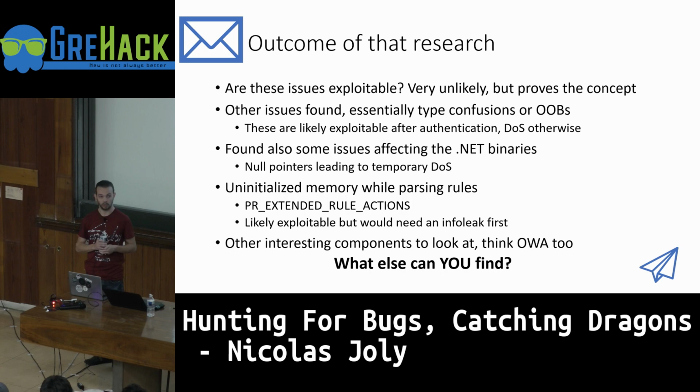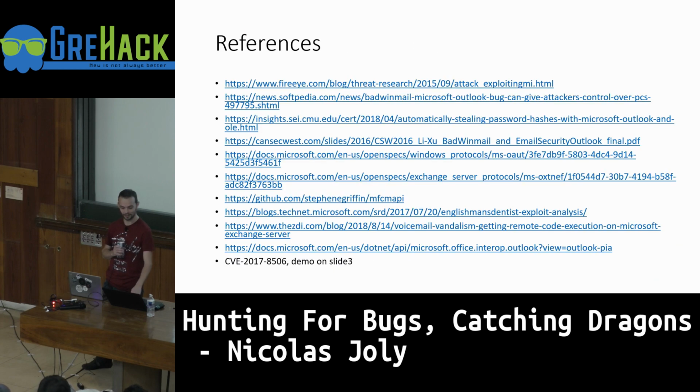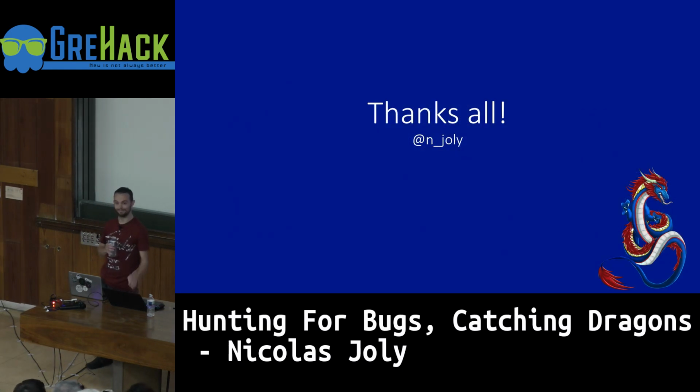I'm not sure, but I'd love it if one of you could prove me wrong on this. You've got the CVEs in the references, and I'd really like it if you could do some research on this and prove me wrong. Prove to me that it's still possible to get some anonymous attack on Exchange. Here's a bunch of references, a bunch of links if you want to dig into this topic. And thank you.